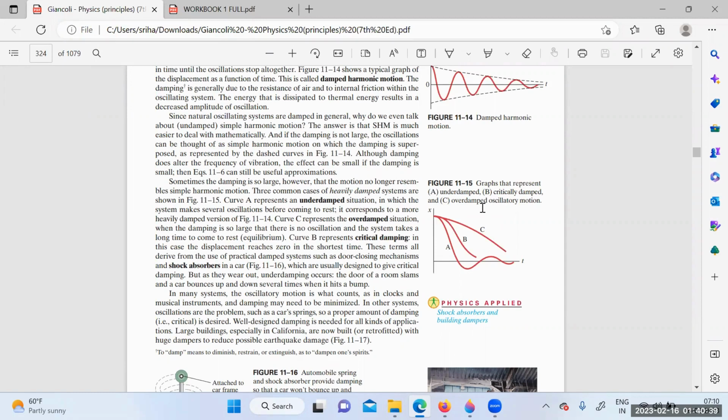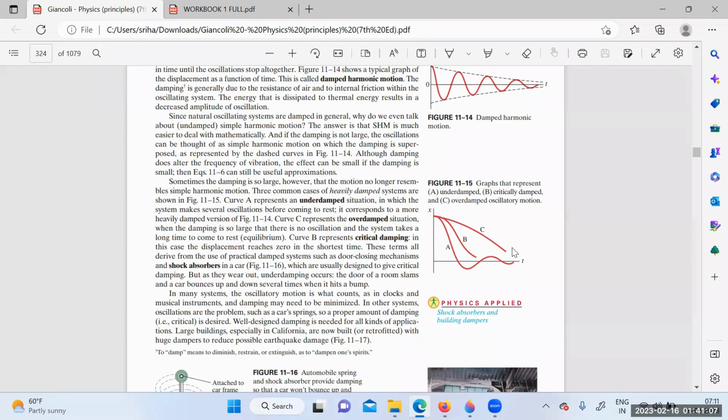So the system will perform a certain number of oscillations before coming to rest. If you look at the graph, curve A represents the underdamped motion.